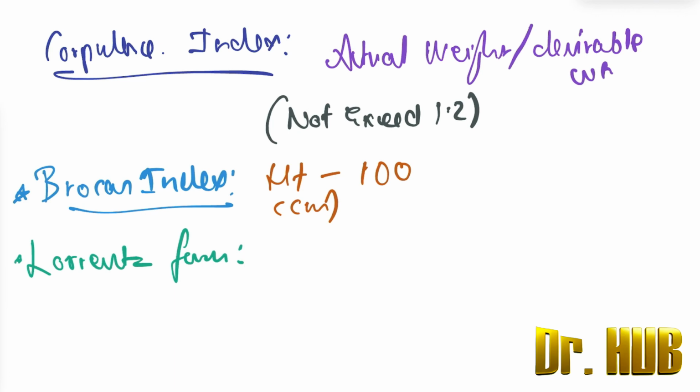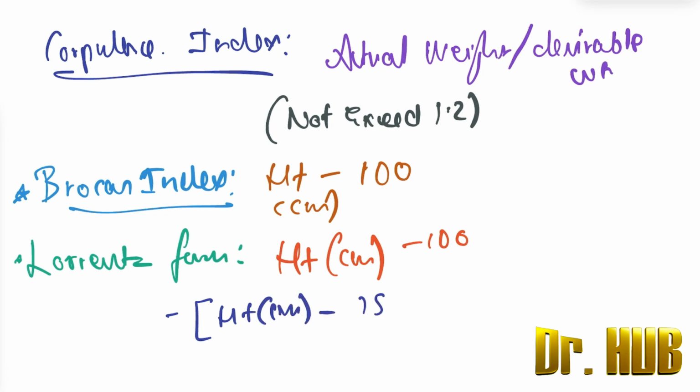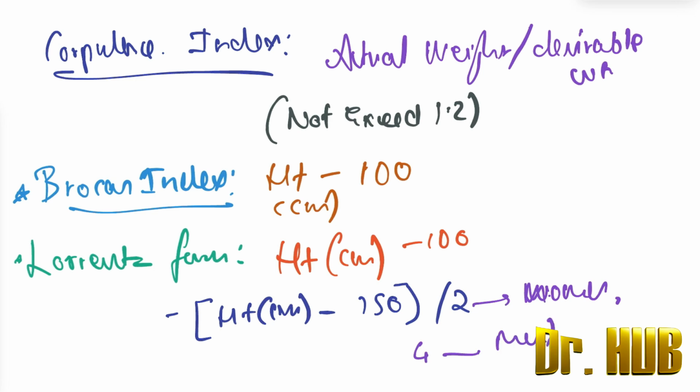Here you take the height in centimeters, subtract 100, and then further subtract the height in centimeters minus 150, divided by 2 for women and 4 for men. So this was the Lorentz formula.